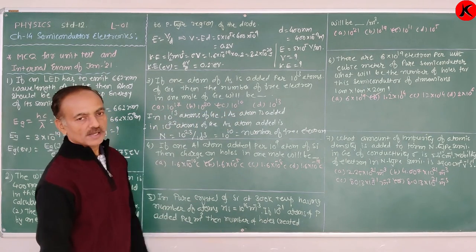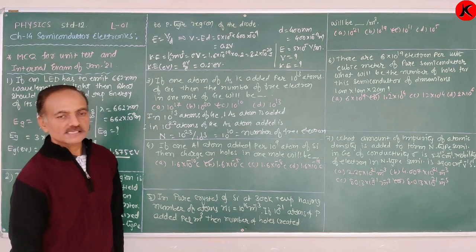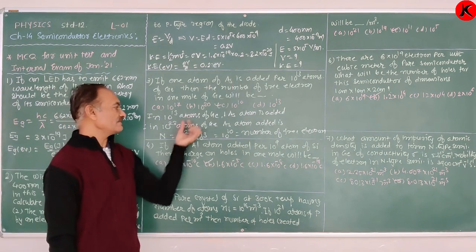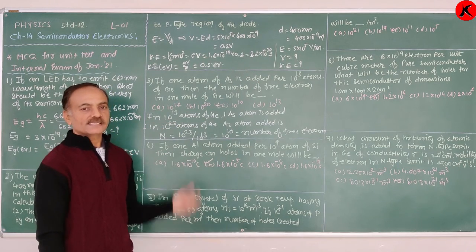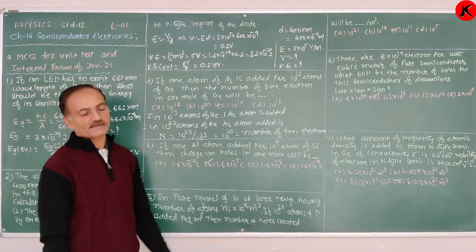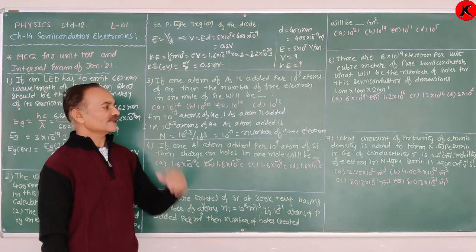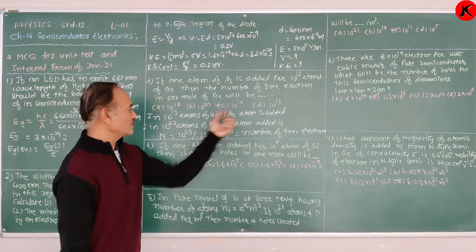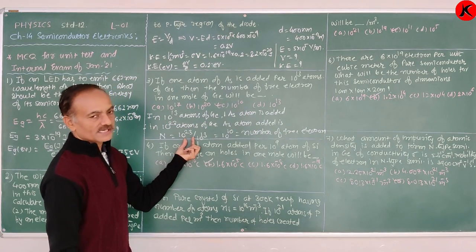Now in 1 mole, the number of germanium atoms is equal to the Avogadro number. For simplicity, we only consider the power. Therefore, in 1 mole, the number of arsenic atoms added is N equal to 10 to the power 23 into 1 upon 10 to the power 13.